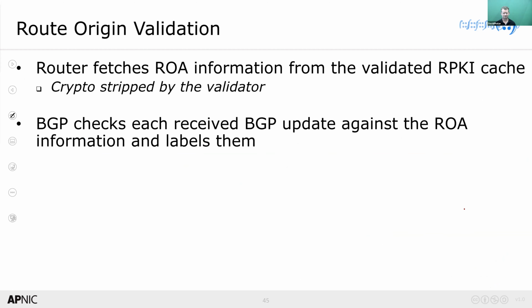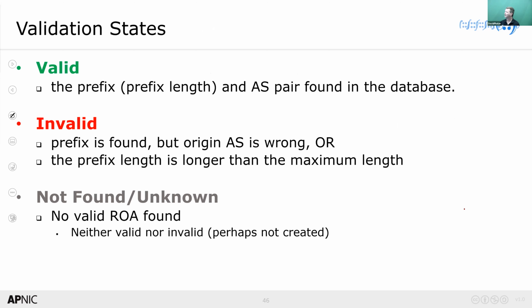So the router goes and fetches the ROA information from the validated RPKI cache. All of the crypto is stripped by the validator, and BGP checks each update against the ROA information and then labels them. So we've got this concept of labels. I think Zabir might have touched on this when he did his MANRS presentation. We have three states. We have valid.